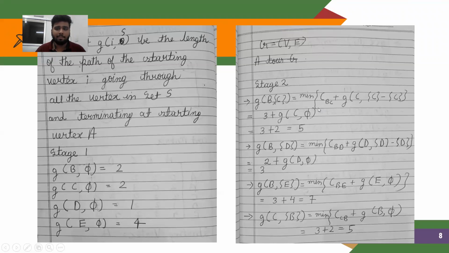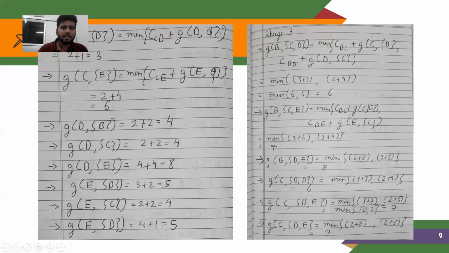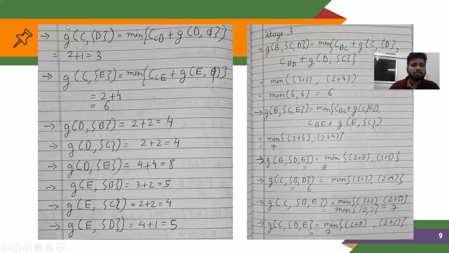So by applying the same logic, we can use this for G of B comma D also, G of B comma E also, G of C comma B also, and G of C comma D also.